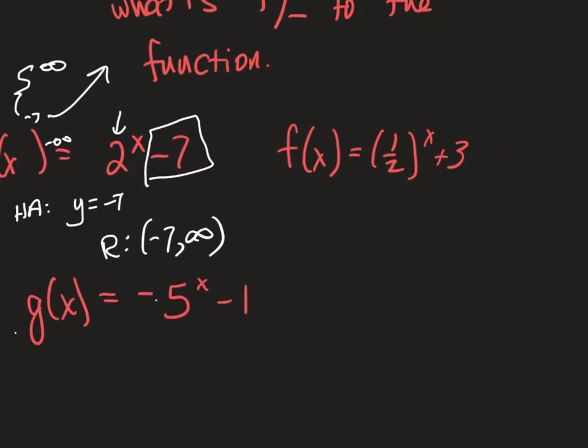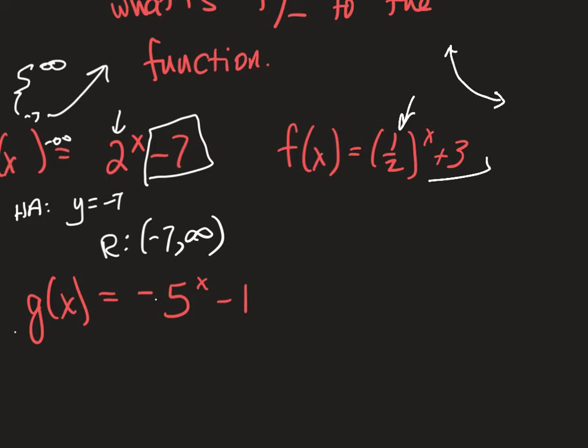So I look at this next one. Is this a growth or a decay? Is that number bigger or smaller than 1? Smaller. Okay, so it's a decay. It's going downwards. Is there a negative in front of it that flipped it over? No. Okay, so where is my horizontal asymptote?